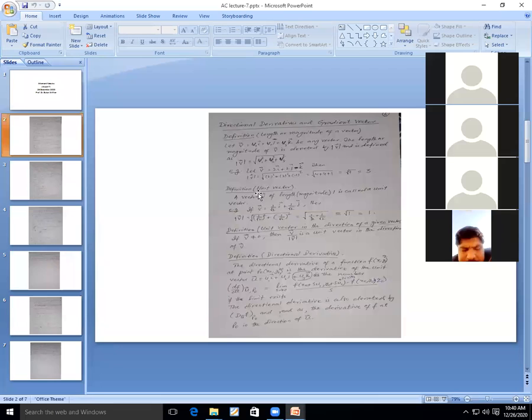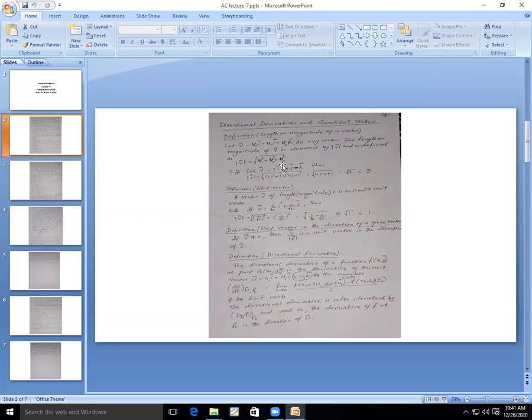For example, this V is equal to 2i plus 2j minus k. Now you see this arrow over i, j, and k. This denotes that i, j, and k are vectors. In handwritten work, we put this arrow over V to show that this V is a vector.